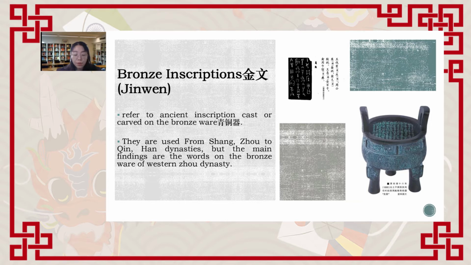Because copper was also called gold in the Zhou dynasty, the inscriptions on bronze vessels were called Jingwen or Jijing script. And because the number of characters on these bronze vessels was the most on the bell and the tripod, they were also called Zhongdingwen in the past.